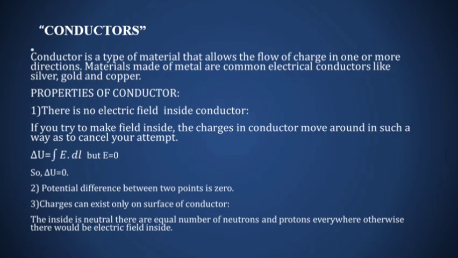So del U is equal to 0. The second one is potential difference between 2 points is 0. Third one, the charges can exist only on the surface of conductor. The inside is neutral. There are equal number of neutrons and protons everywhere, otherwise there would be electric field inside.